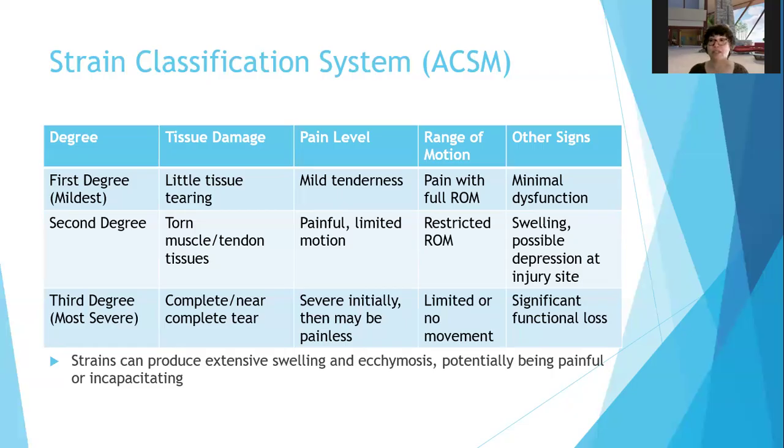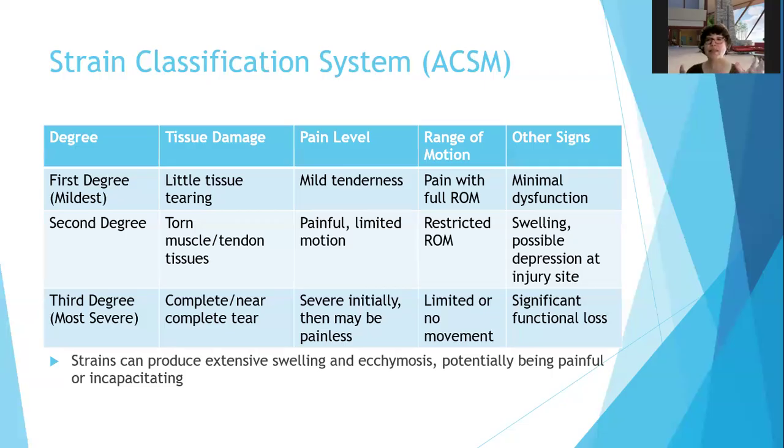Initially, the pain level is severe, but then sometimes it can be painless because you're not moving. You don't have that connection. So there's limited or no movement and significant functional loss because you can't move. So strains can produce extensive swelling and ecchymosis, which is that bleeding underneath the skin, and be potentially painful or incapacitating.